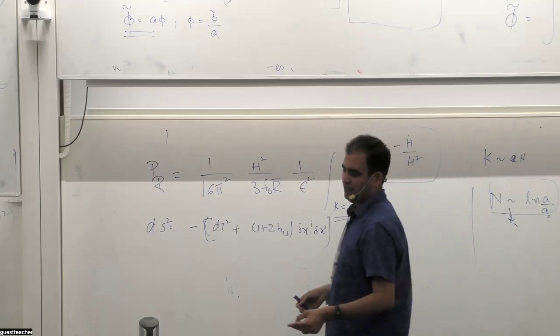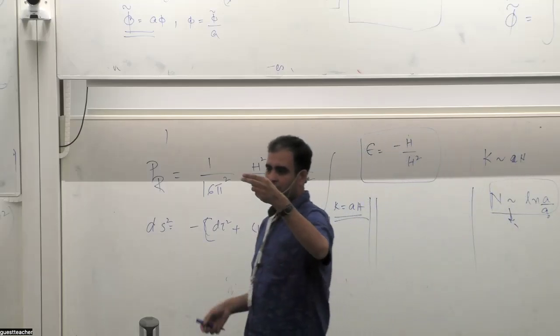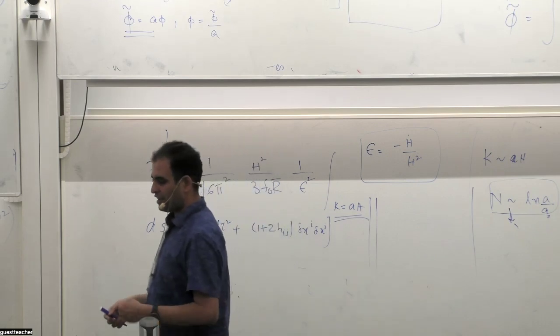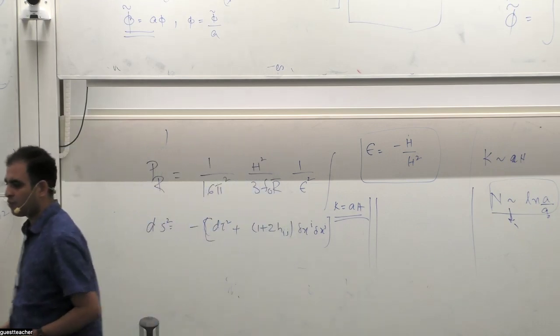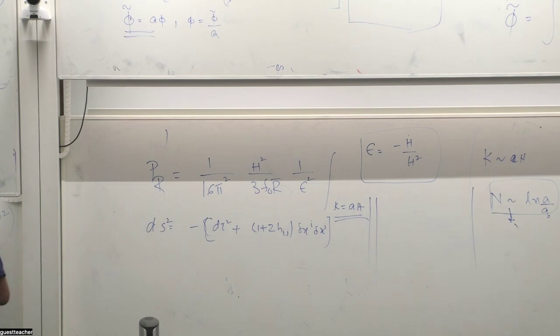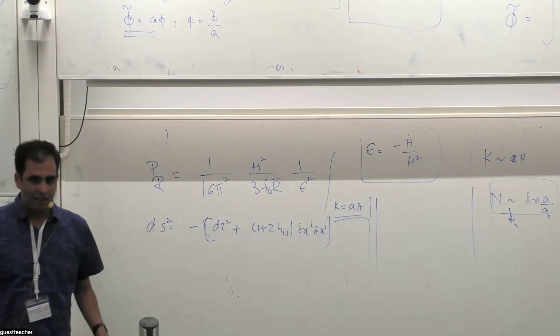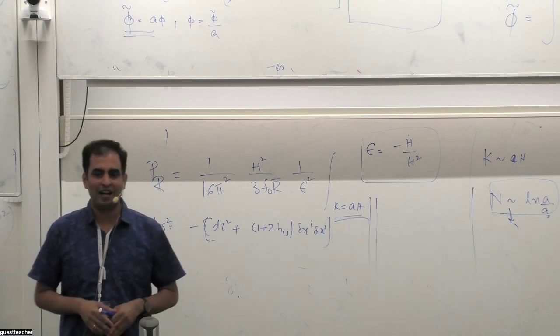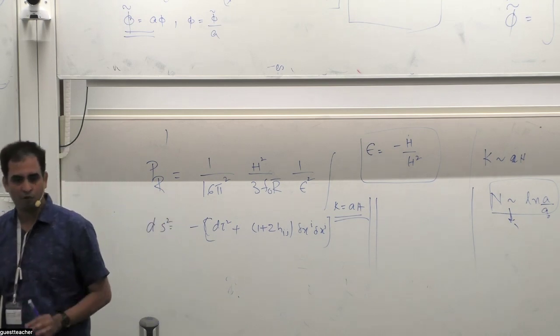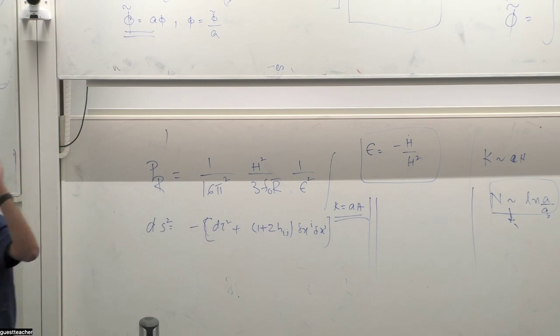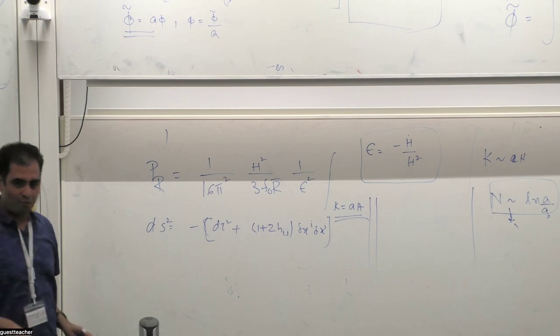There is a reason to that. Whatever affects the CMB is only those fluctuations generated in the last 60 e-folds. There may be some expansion happening even before these 60 e-folds. That is irrelevant for the CMB.